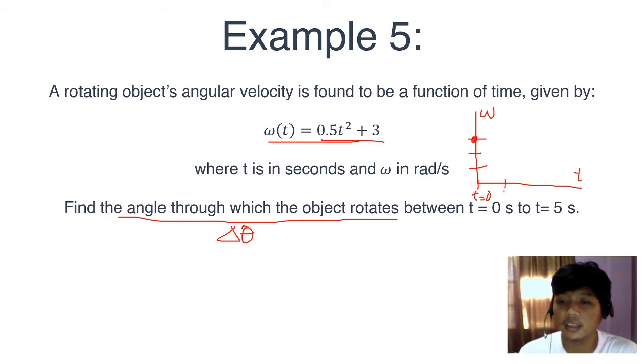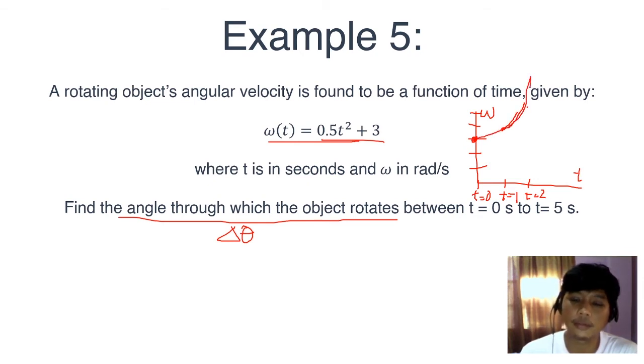Let's see at t equals 1, the angular velocity is 3.5. So somewhere here. How about t equals 2? Bear with me, guys. It's 5. So 1, 2, 3, 4, 5. Maybe it opens upwards. Okay, this is definitely a parabolic graph, since it has a squared term.